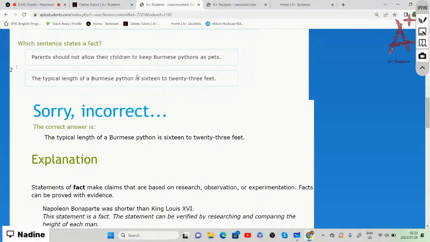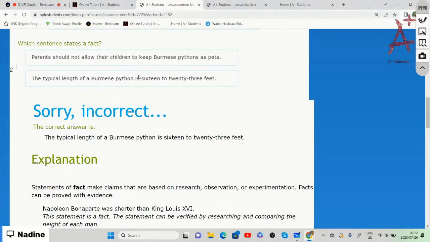Parents should not allow their kids to keep Burmese pythons as pets, or the typical length of a Burmese python is 16 to 23 feet. We need to say which one of these is a fact. Is it parents should not allow their children to keep Burmese pythons as pets, or the typical length of a Burmese python is 16 to 23 feet?